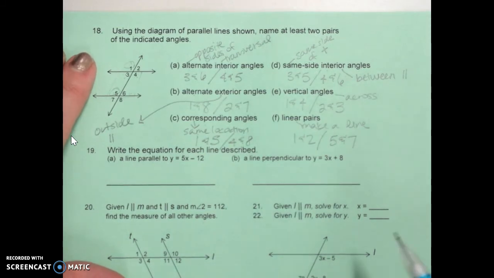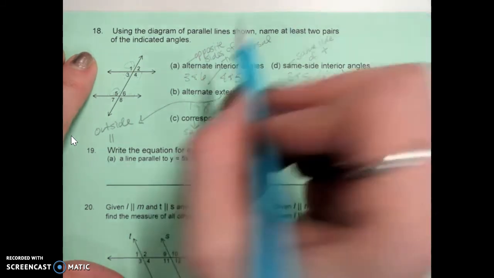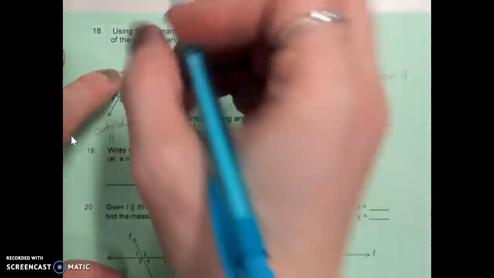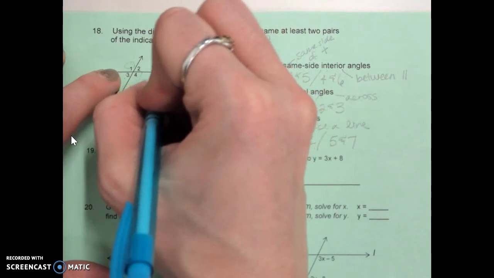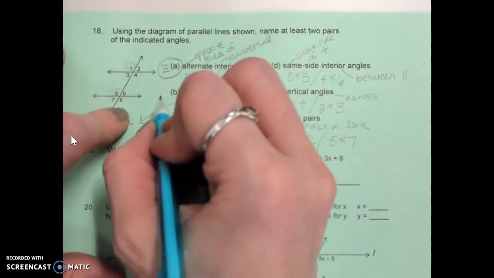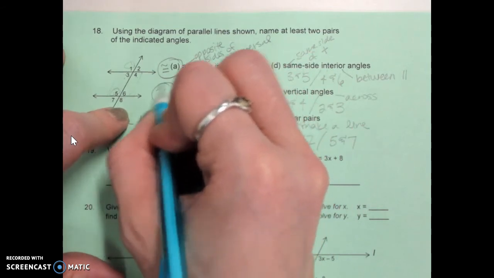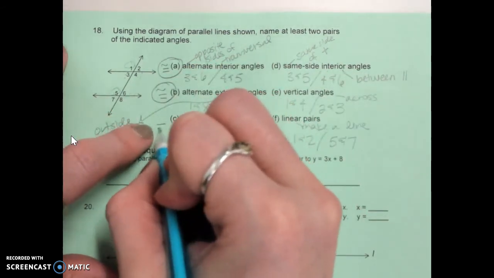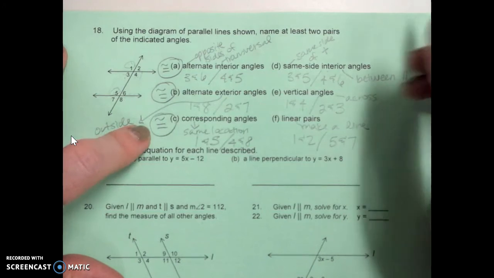So one other thing I want to tell you about these before I stop this video. Alternate interior angles are congruent. Alternate exterior angles are congruent. Corresponding angles are congruent.